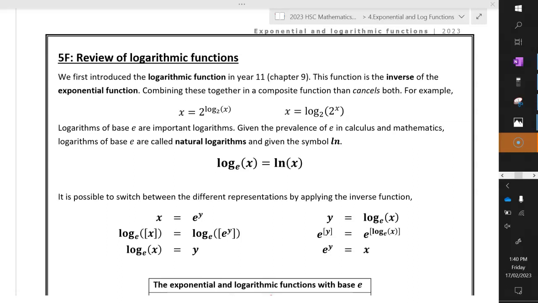Because I have a 2 here and a 2 here, these are basically cancelling each other out, and I'm left with an x. Likewise, if my log is my base and I have log 2 of 2 to the x, and that's taking the place of an exponential function, the log 2 of 2 is going to be 1, and I'm going to be left with just this x, which would have come down the front in our log rules and given us just x.